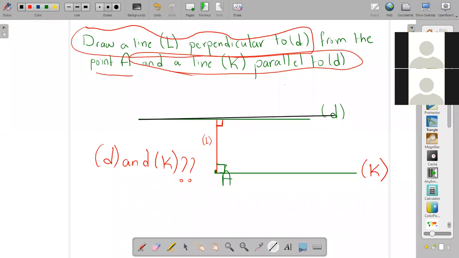Did you see the line D? Yes. Where's the line K, Leia? Red or green? The red. The red is which line? Green. Okay, what can you say about these two lines?